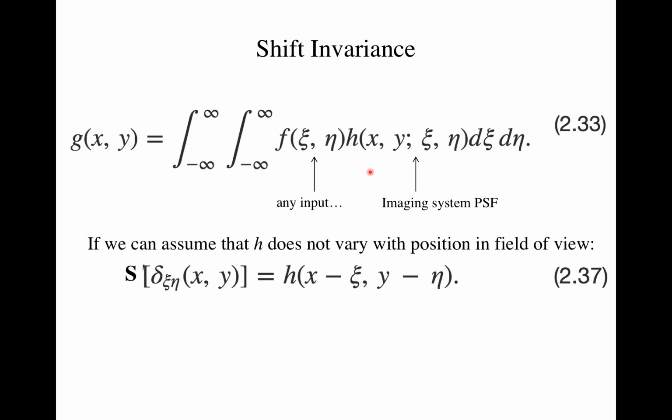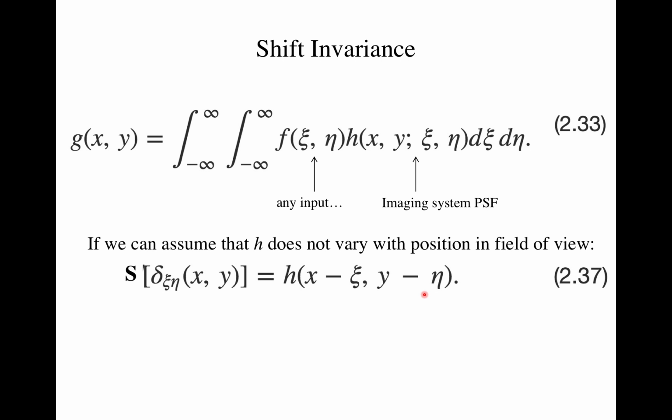If you assume that h is independent of position in the plane, then you can just use one h for the whole thing, right? One point spread function can be used over the entire integral calculation. And then this complex function, which has two independent variables and two parameters, becomes essentially a two-dimensional function that is just proportional to the distance away from 0 of the point spread function origin, right?